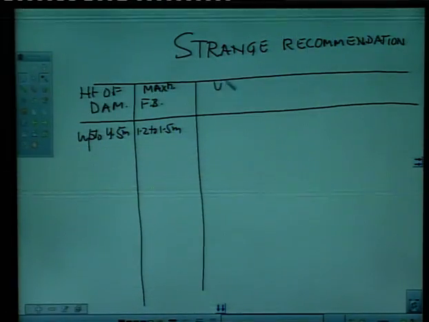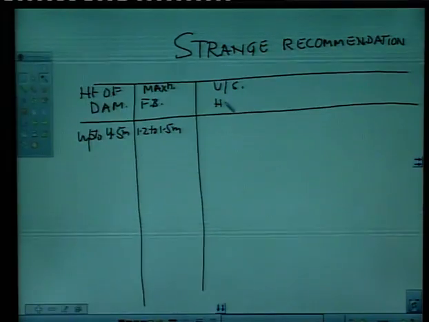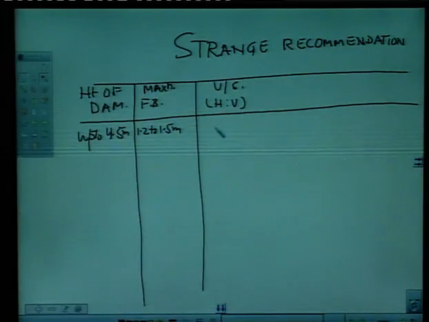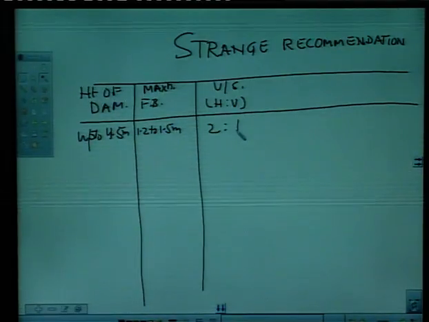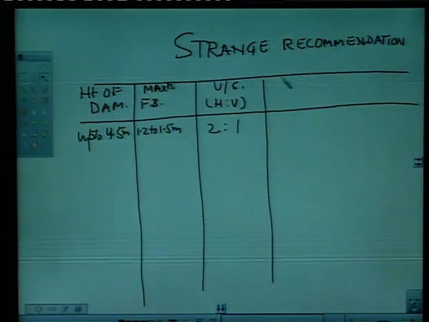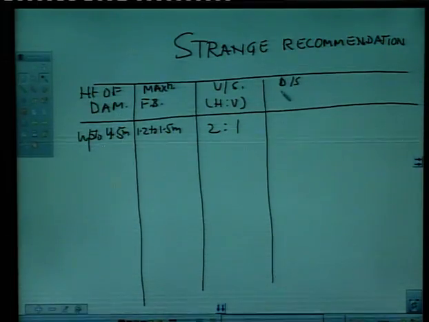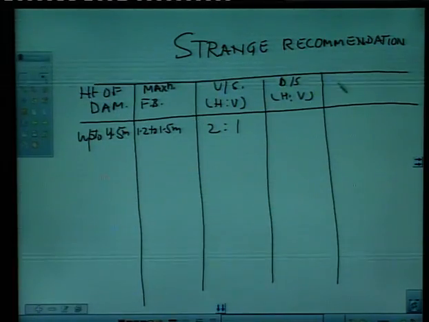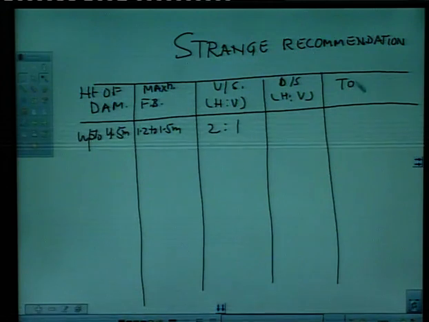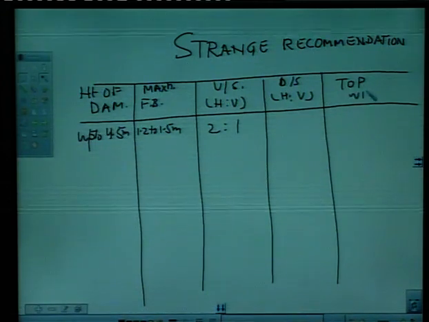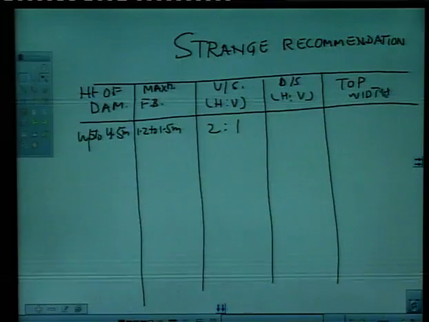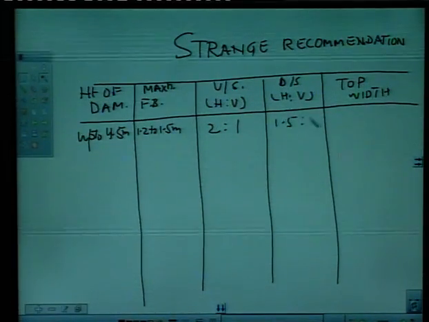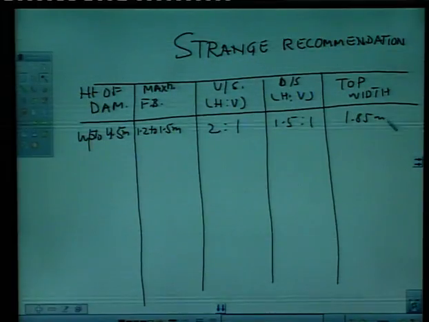Upstream slope horizontal to vertical 2:1, downstream slope horizontal to vertical, top width 1.5 to 1.85 meter.